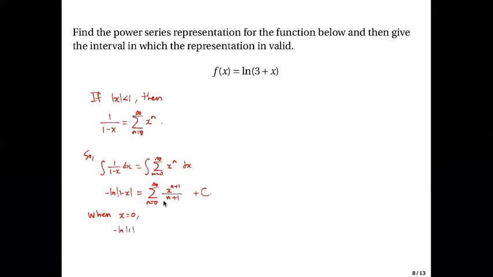And notice that when x equals 0, all of these are 0. Take note that this does not have any constant term. So on the right hand side, you'll just have c. But this implies your c equals 0. So basically, you have ln absolute value of 1 minus x equal to negative sum x to the n plus 1 over n plus 1, from 0 to plus infinity.